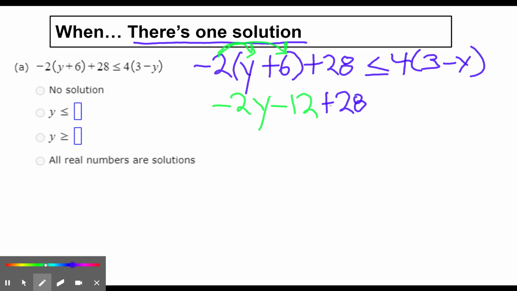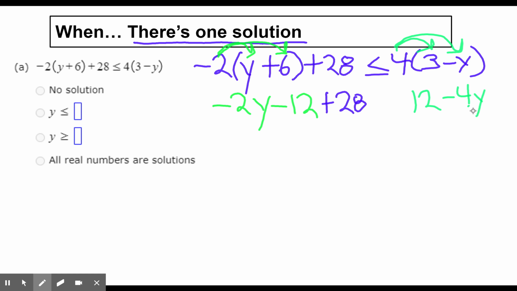On the right side, I have 4 times 3 and 4 times -y. 4 times 3 is 12, and 4 times -y is -4y. I have to remember to bring down my inequality. It stays the same.